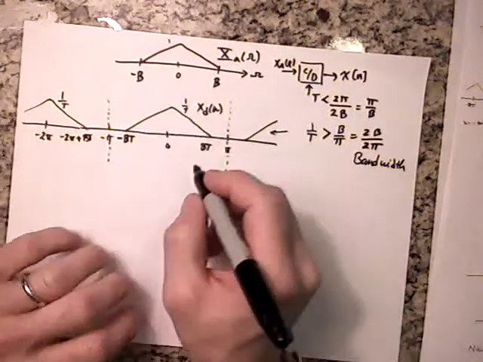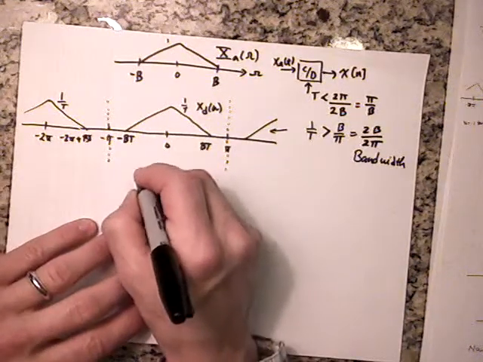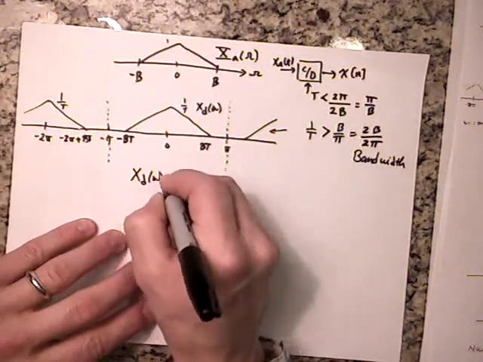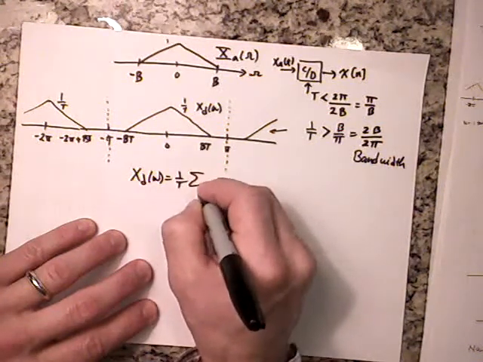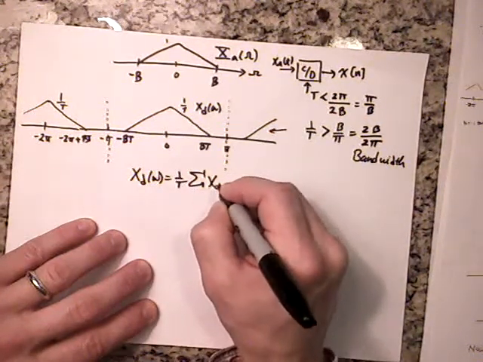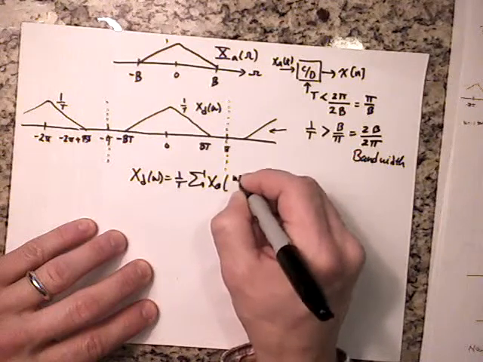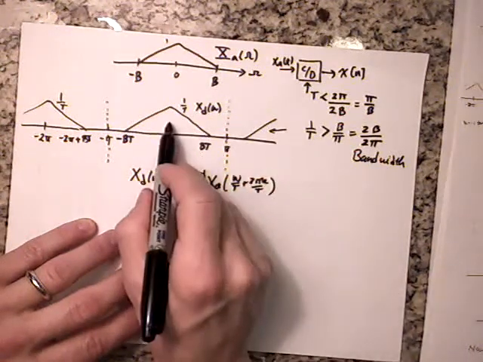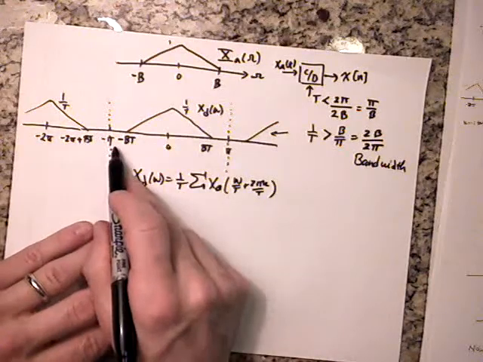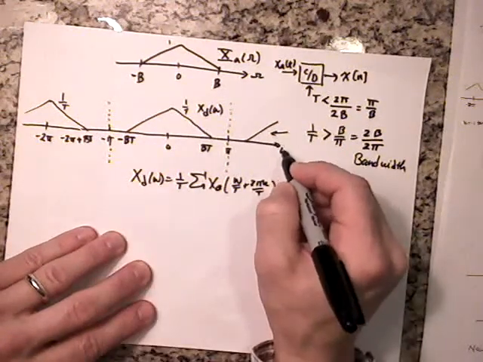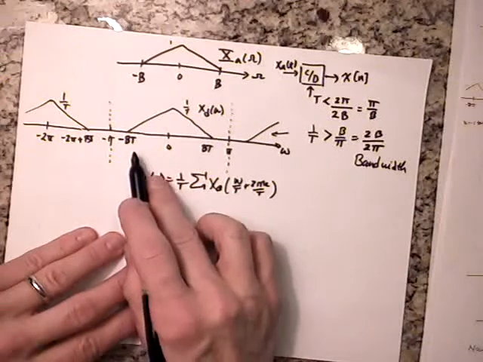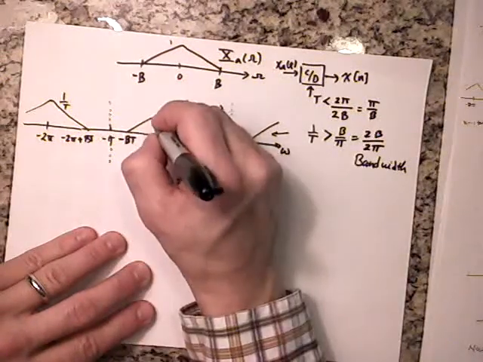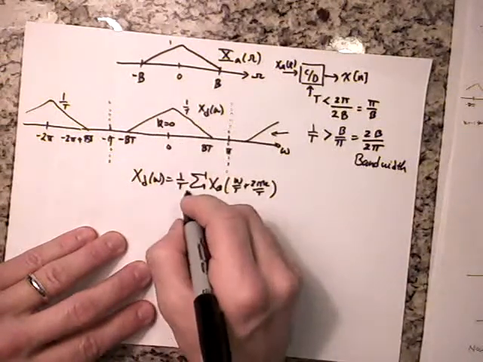So in the expression where we have X_d of omega is 1 over T, the sum of X_a of omega over T plus 2 pi k over T, the copy that resides for omega between minus pi and pi is the k equals 0 term in this sum.